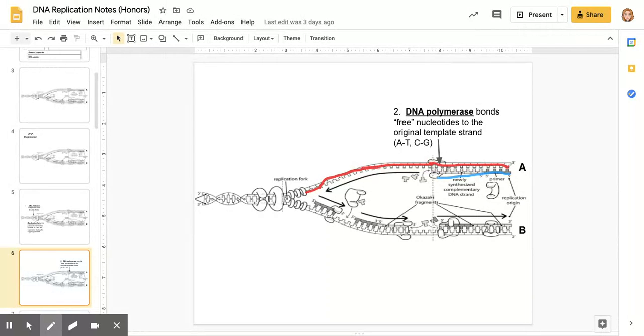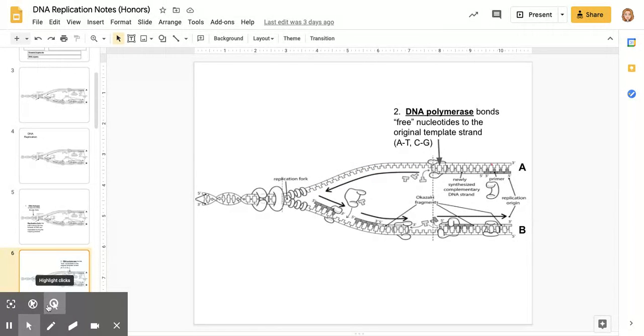So the original is in red, the complementary or new strand of DNA is in blue. And this process is happening pretty quickly. It's really remarkable how quickly all of this occurs in a living thing, at least, in my opinion.